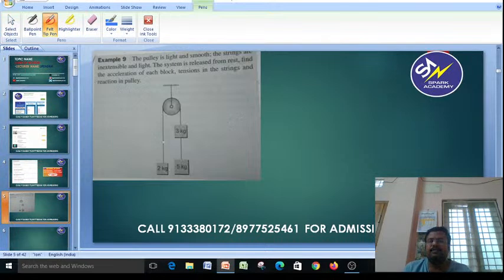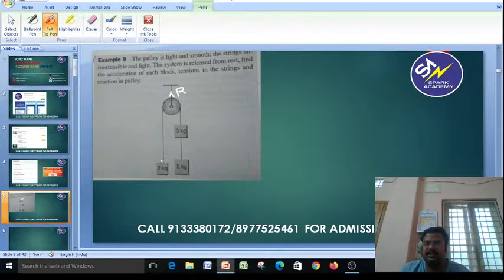To solve this problem, this is the reaction I told you about. It always acts away from the total system, away from the pulley. Now, three different blocks are connected by two different strings.